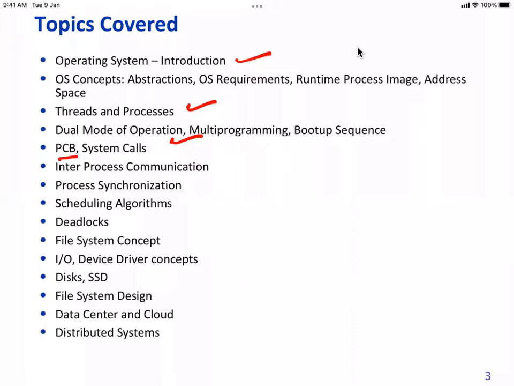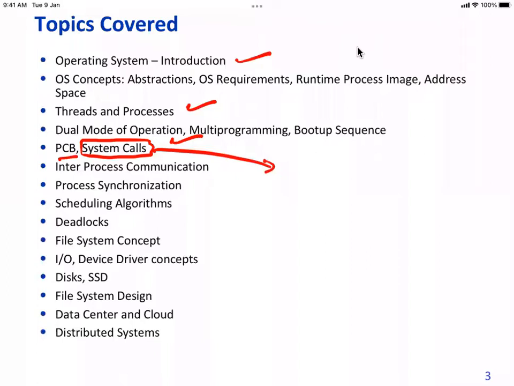Then we have also studied system calls, essentially how a process can interact with OS. If there are certain things a process wants to do, it has to take help of OS, and OS can do these tasks on behalf of the process. Because a process cannot access certain memory areas, we have system calls.